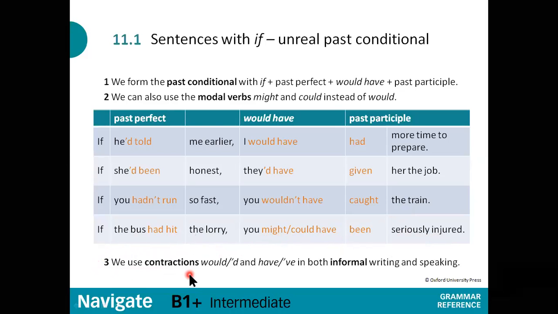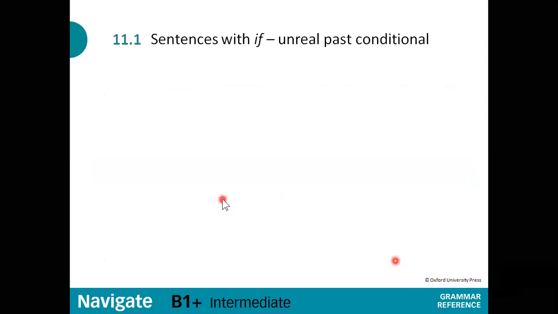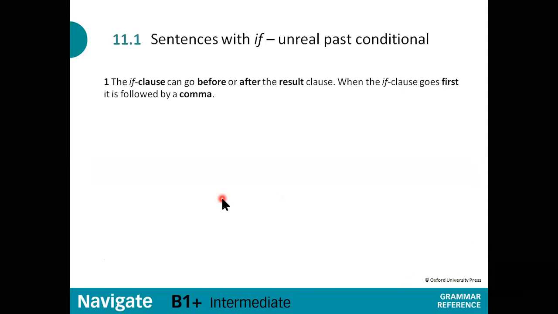We use the contractions 'd for would and 've for have in both informal writing and speaking. It says informal writing and speaking, so be careful. You cannot use that in formal writing or speaking. Next slide. The if clause can go before and after the result clause.